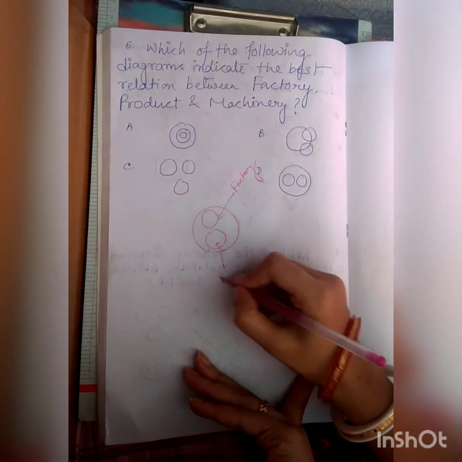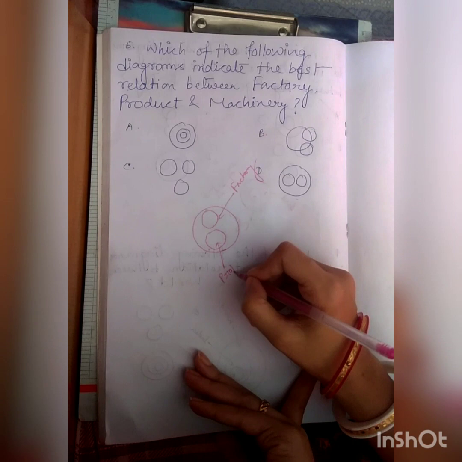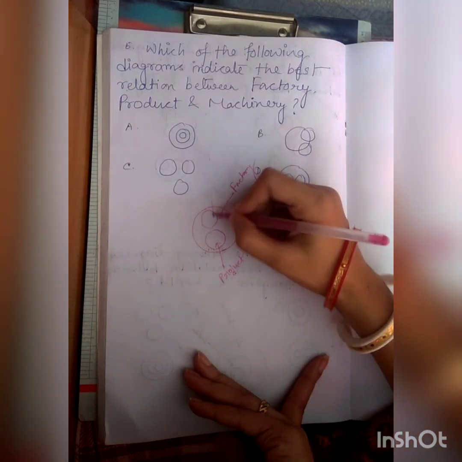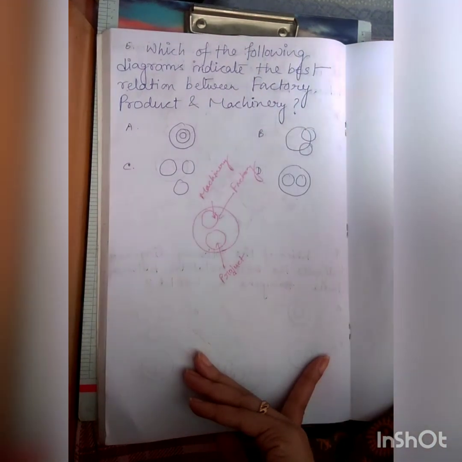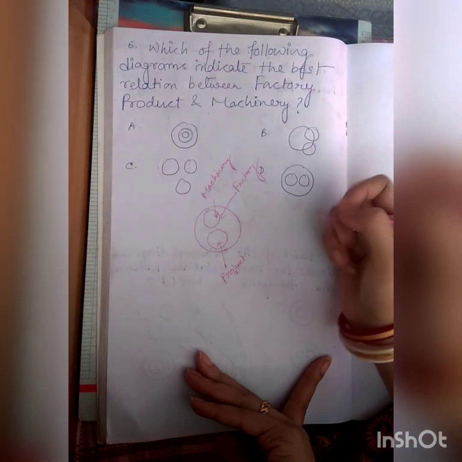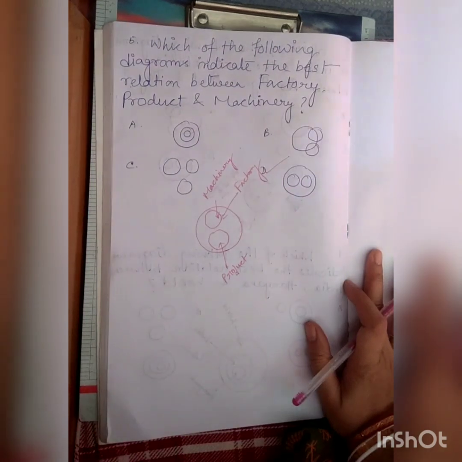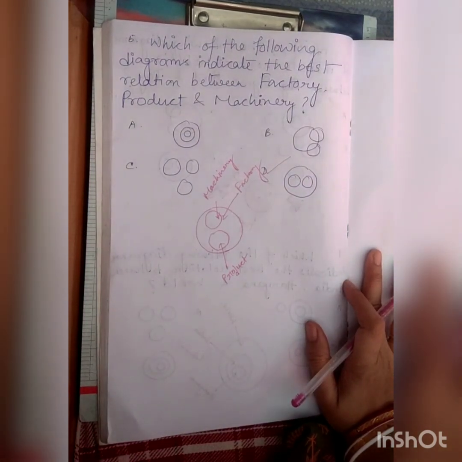So suppose this circle is representing the product and this circle is representing the machinery. So which one will be the correct one? Which diagram? This one. You can see option D is the correct answer.